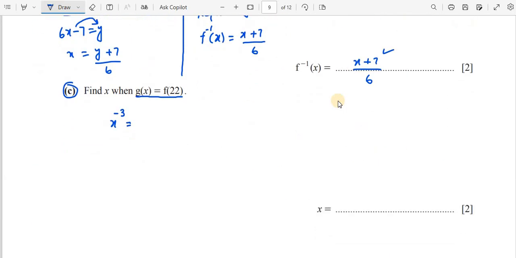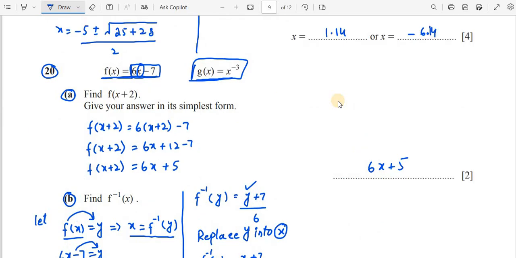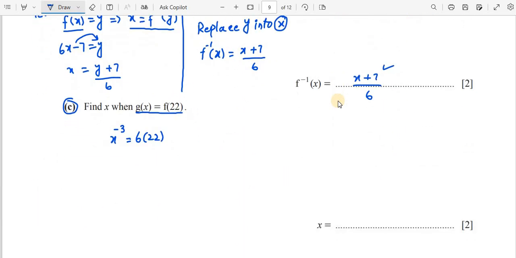Okay, so 6 into 22 minus 7. Now we find the value of x. So x raised to the power minus 3 is equal to 6 multiplied by 22 minus 7, which is equal to 125.